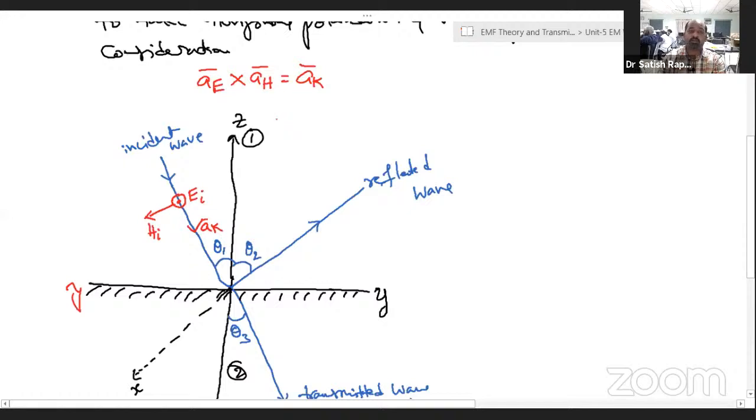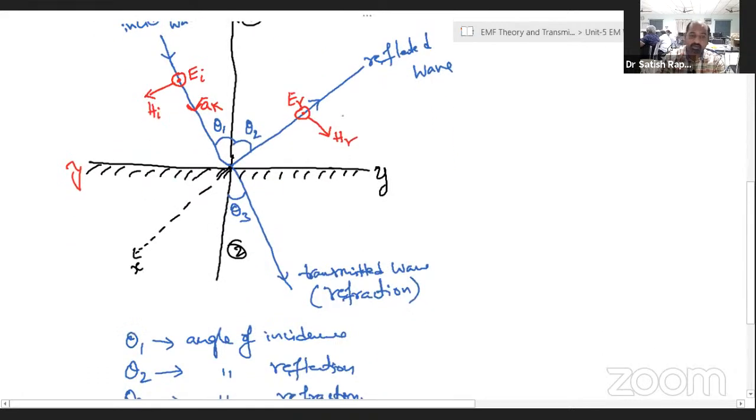Similarly, with respect to the reflected wave, this is the reflected electric field, and this is the reflected magnetic field, and this is the direction of wave propagation.